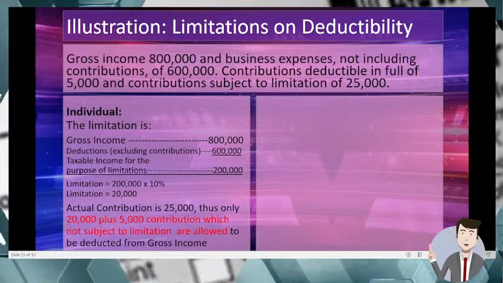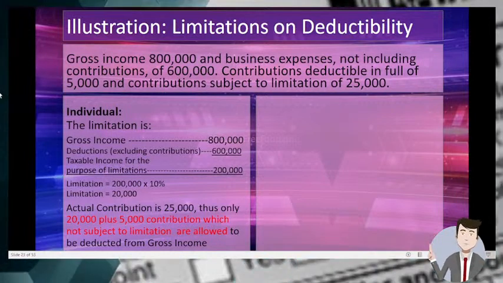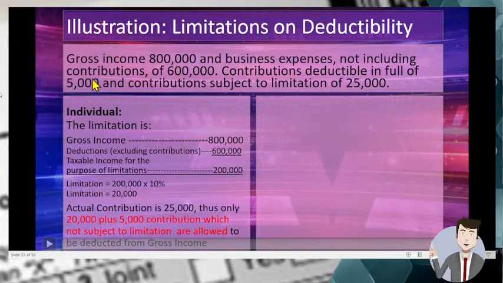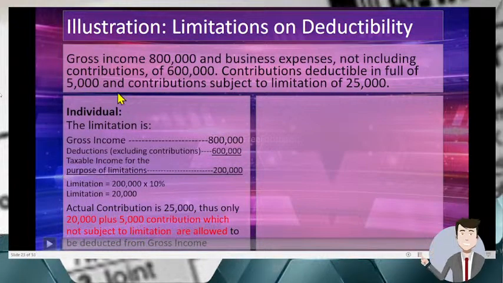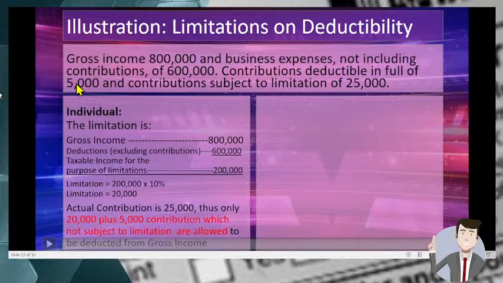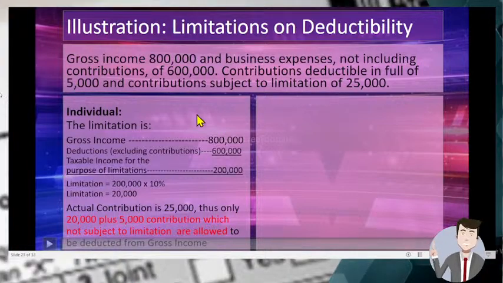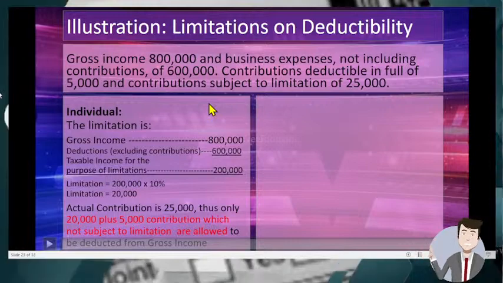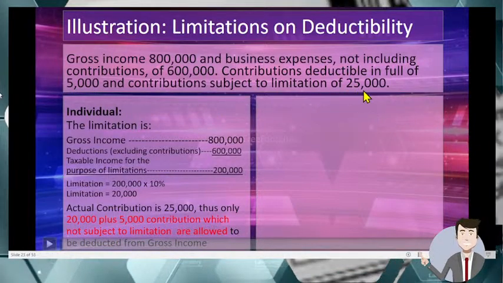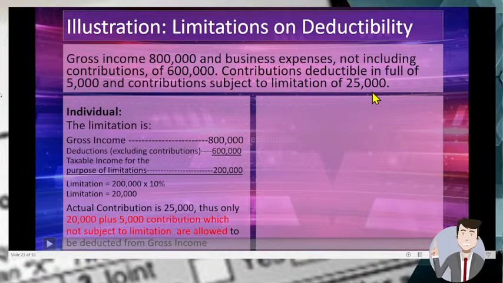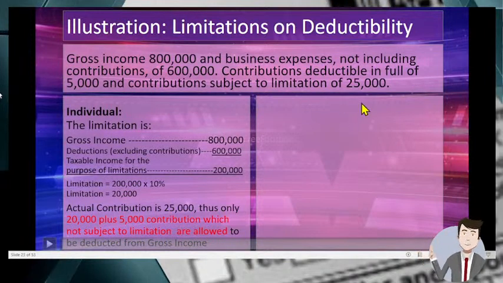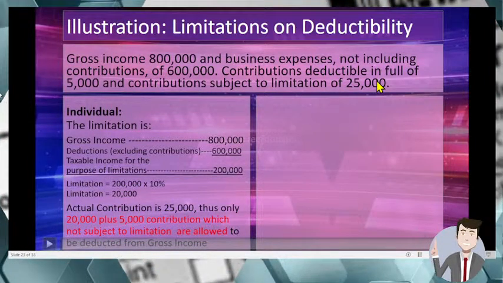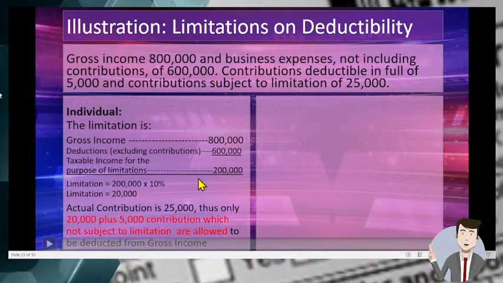Okay? So the actual contribution is 25,000. Thus, only 20,000 plus the 5,000 contribution, which is not subject to limitation, is allowed to be deducted from gross income. So guys, the actual contribution is 5,000 plus 25,000, that's 30,000. That is the actual outflow on the part of the taxpayer. But for the purpose of computing income tax, the only allowed contribution is 25,000.